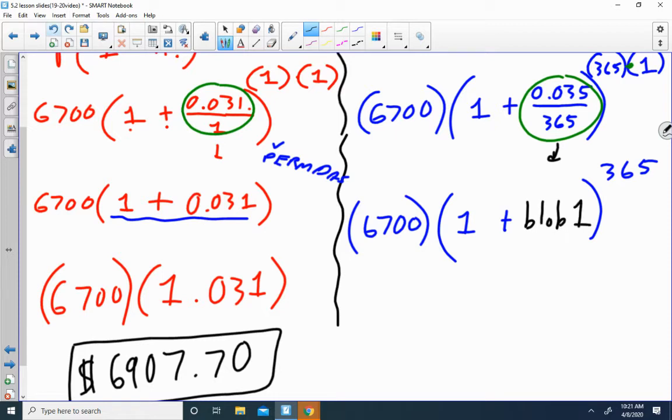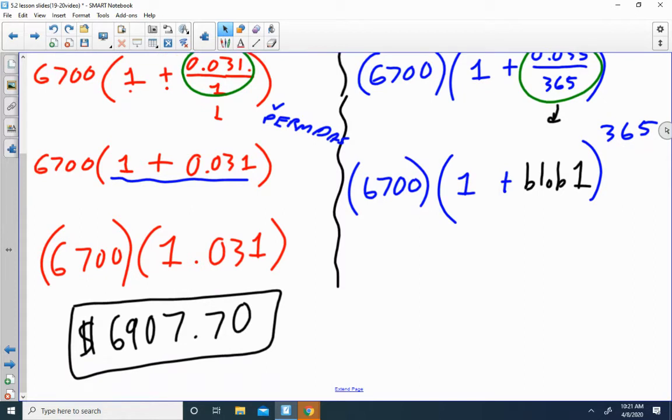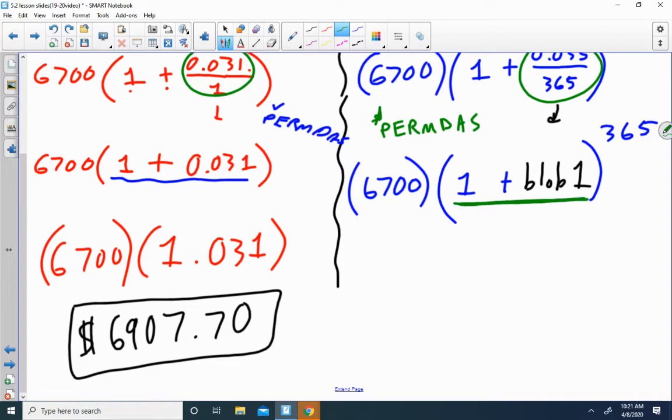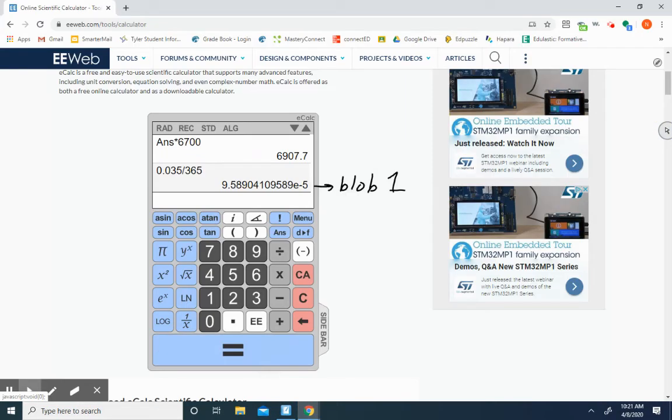Now that we have that, we've simplified as much as we could. Again, we have to follow the order of operations: PEMDAS. Parentheses have to go first, so I have to do 1 plus blob 1. I've already saved blob 1 in the calculator, and I'm going to use the previous answer trick.